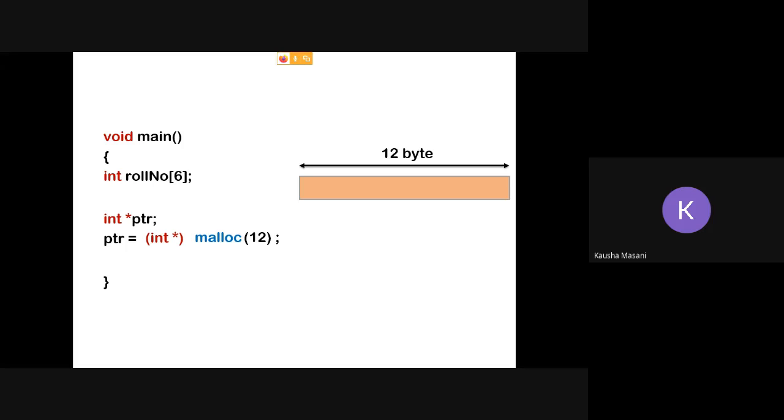So the memory reserved by array roll number of size 6 will be 24 bytes in that case. So though it uses the dynamic memory allocation malloc function, it is still in static form.